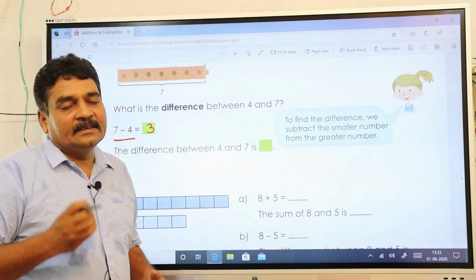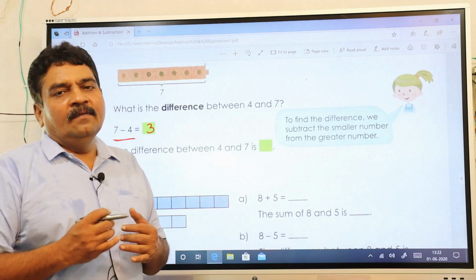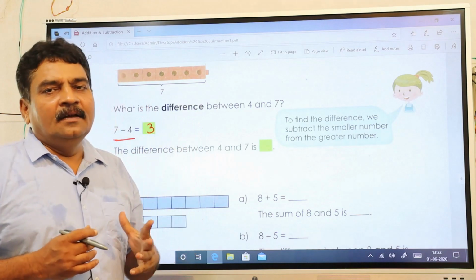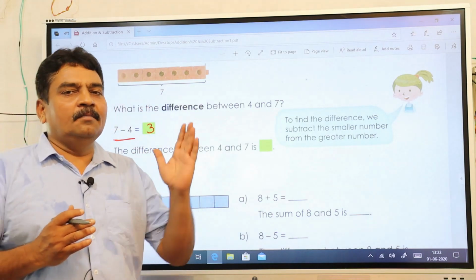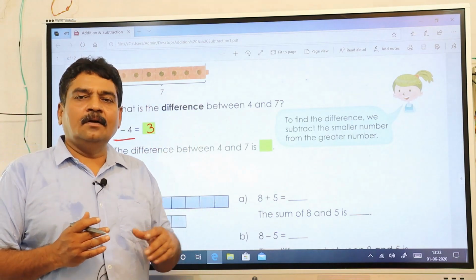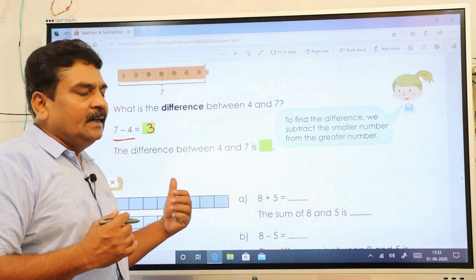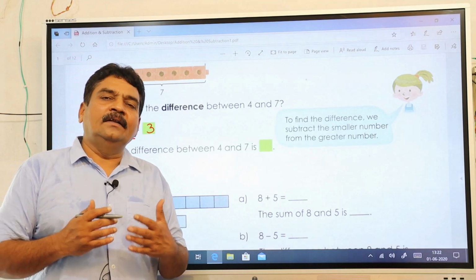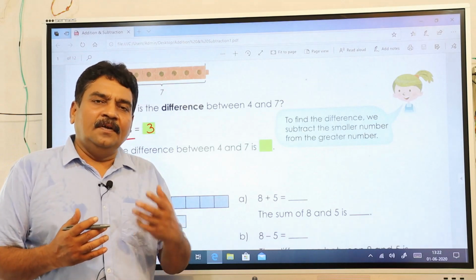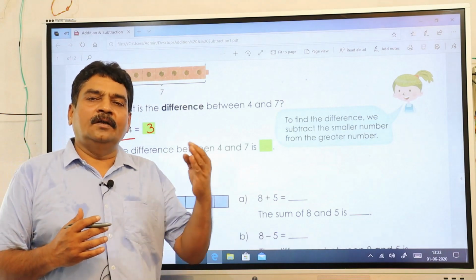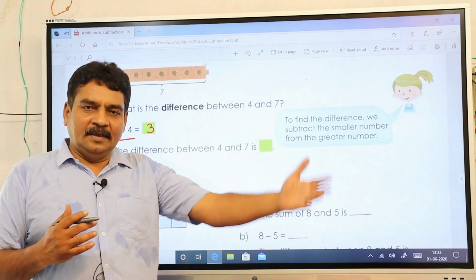So remember two things. Number one is, whenever you are adding, you should take the bigger number into your mind first and then add the smaller number to it, either on fingers or by drawing lines on paper. Second is, whenever you are going to find the difference, first you take the smaller number in your mind and then count the numbers till you get the bigger number.